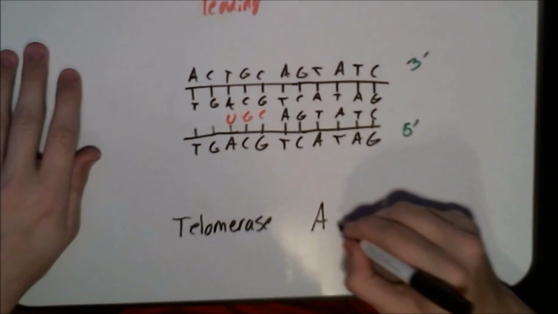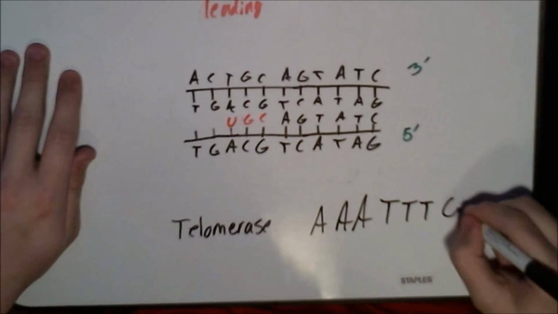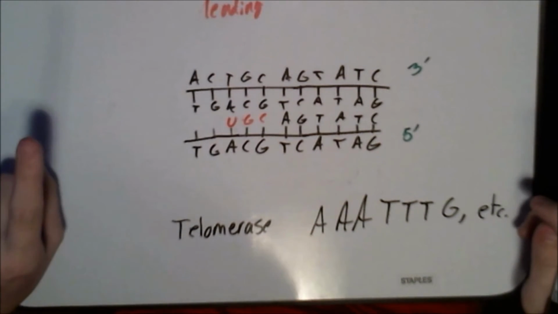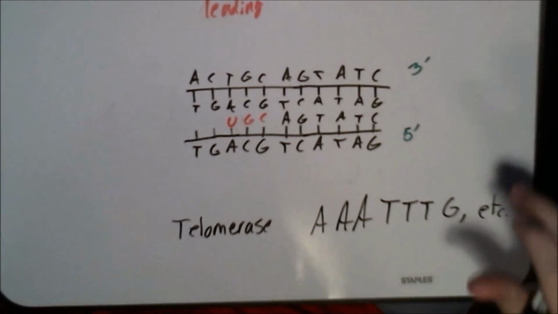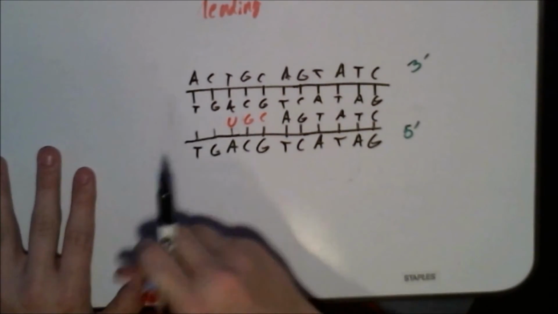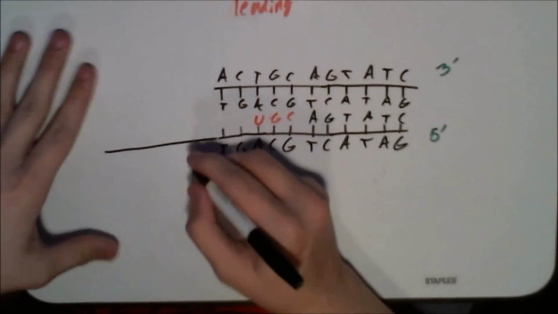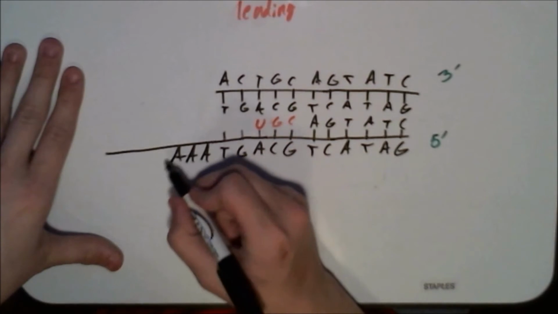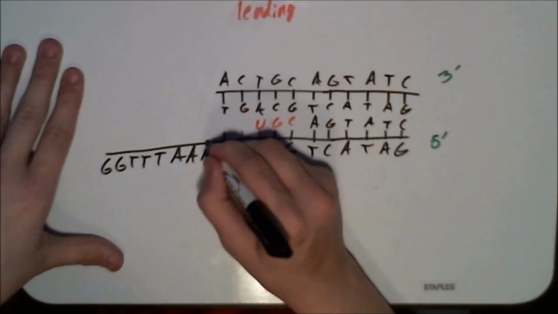So it's going to be something like A, T, T, T, G, etcetera. So it's a very predictable pattern, and it'll basically just connect on to the end of the 3' end. So you know, A, T, T, T, G, G.